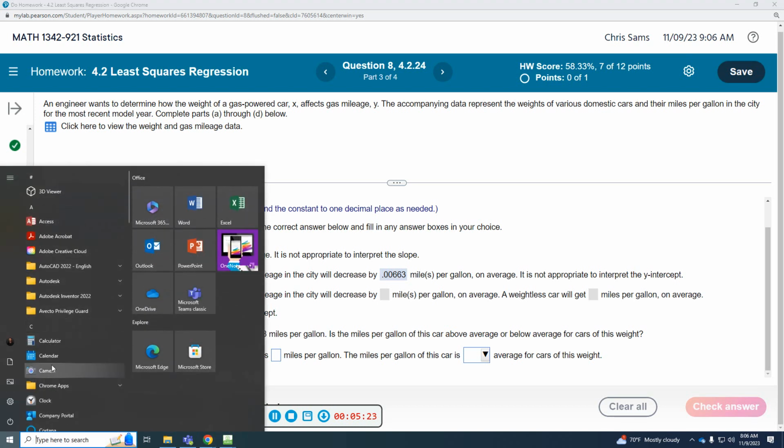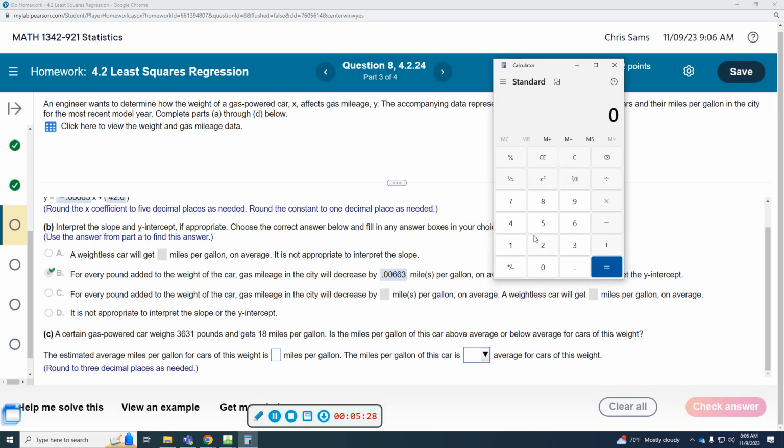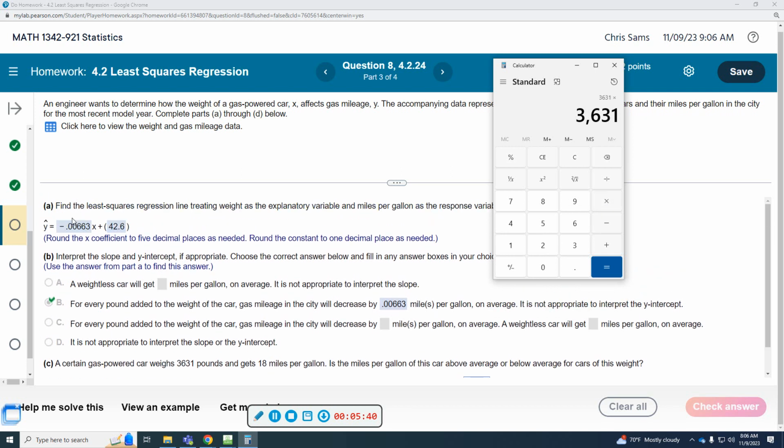And then I'll just do the basic calculator. I have my other one open right now. So what we're going to do is take this weight, 3631, times our slope, 0.00663.